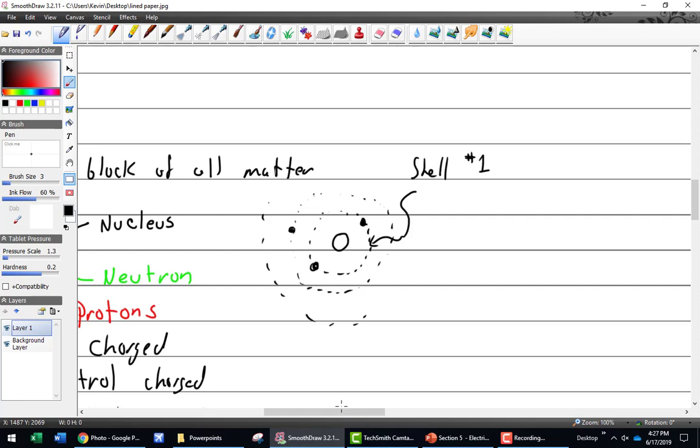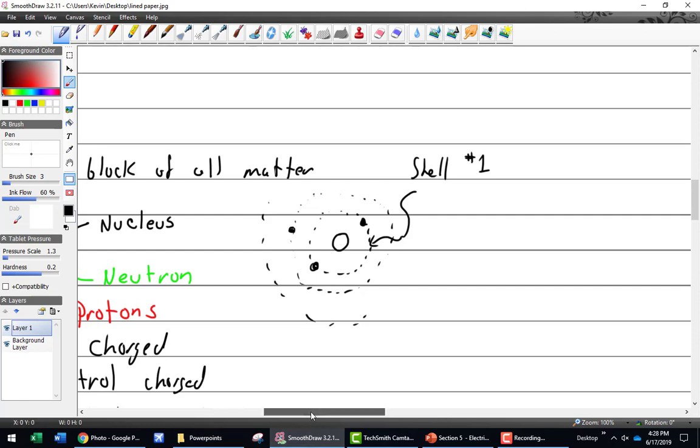Yeah, that free number one. So typically, atoms with more protons, we look at copper, gold, everything else, have more shells the further away we get.